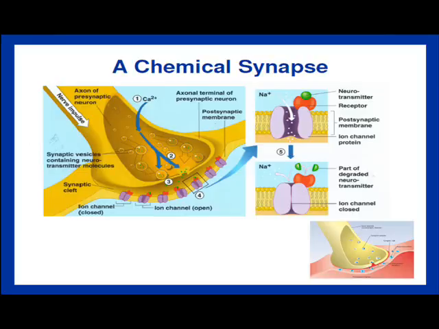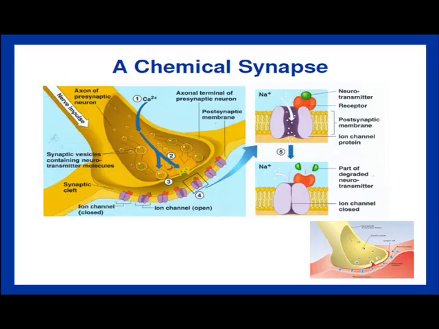Okay, so what occurs? Well, we've got the action potential propagating down the neuron. Those vesicles will only adhere to this presynaptic membrane if we have entry of calcium coming in as well.